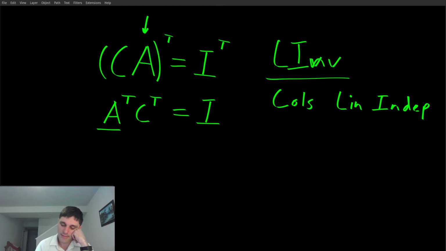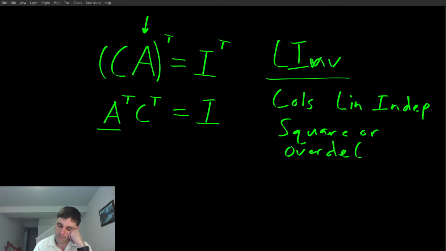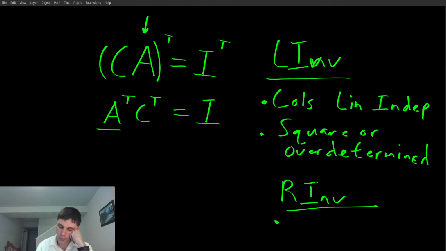The right inverse is the other way. The rows are linearly independent, and it's either square or underdetermined.